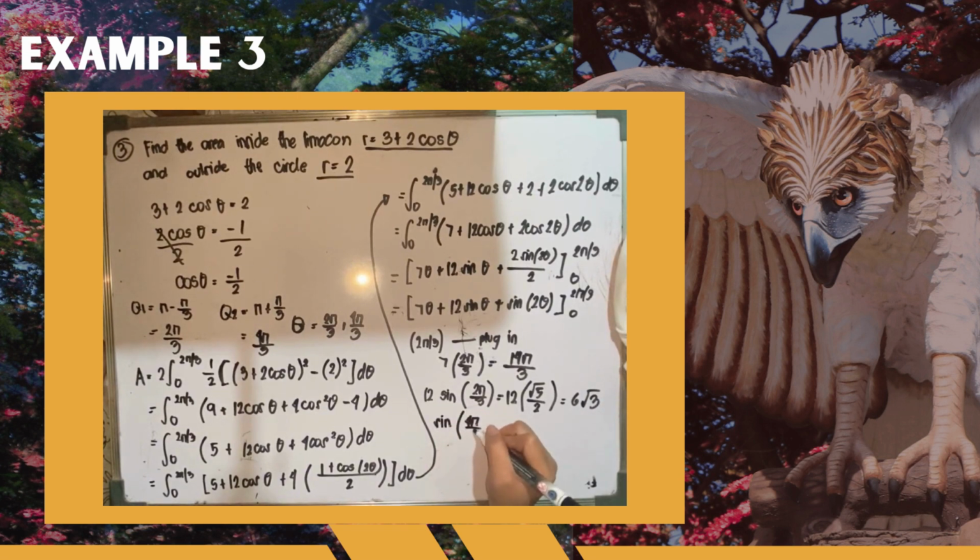So, sine of 4 pi over 3 is equal to negative square root of 3 over 2. Subtract the lower limit 0. So, 7 times 0 plus 12 sine 0 plus sine 0 is equal to 0.